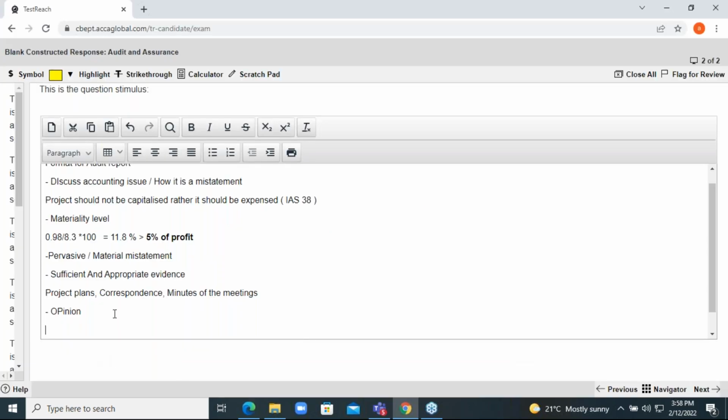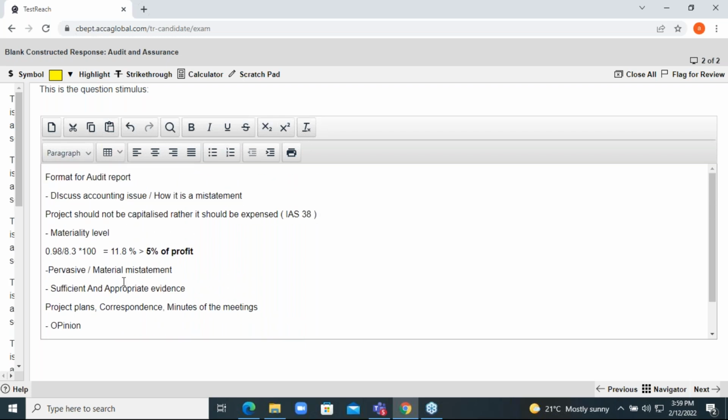So we would say that a qualified opinion will be issued using a basis for qualified opinion paragraph. In that paragraph, the basis for qualified opinion paragraph, we will explain why we have qualified this audit report. So this is the format we are going to follow.